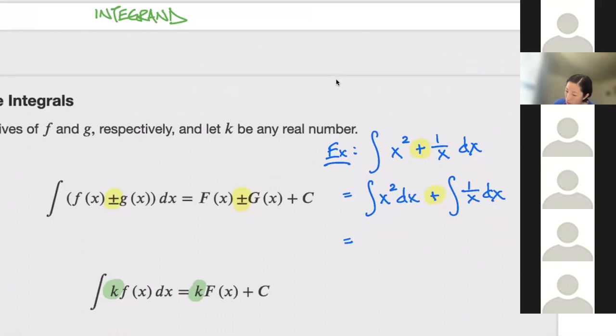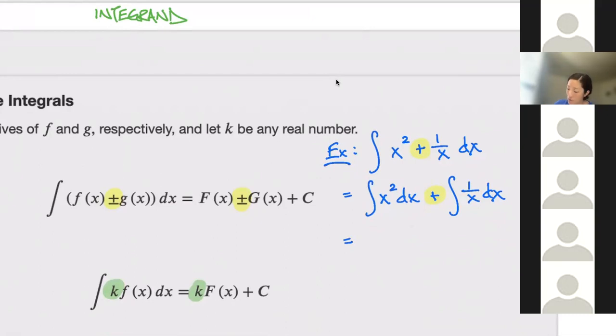And what rule would I use to find the antiderivative of x squared? How would I find the derivative, or not the derivative, the antiderivative of x squared?